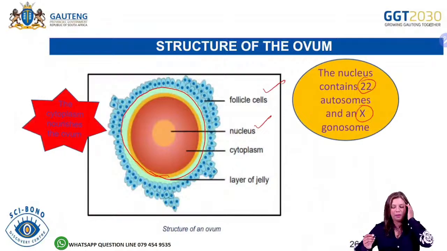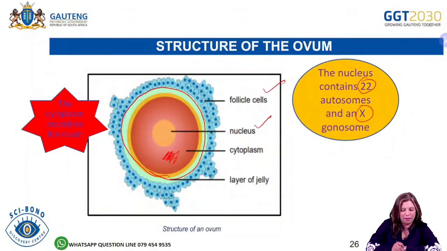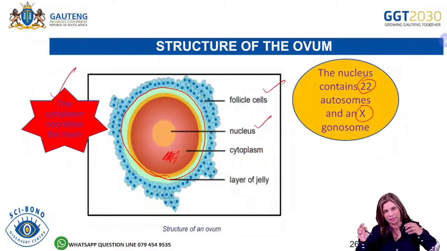So I want you to look at the way this drawing is done. When you are doing study notes, for example, I couldn't get the exact color, but I colored the cytoplasm here and the exam hint there. I tried to color them the same so I can associate them with each other. So when I'm studying for the exam, I will be able to picture it and know that the two link to each other.